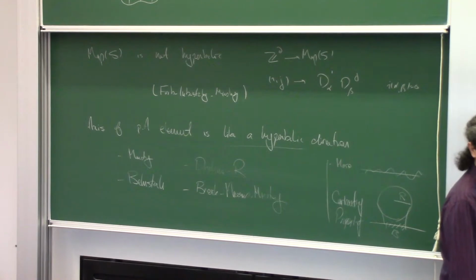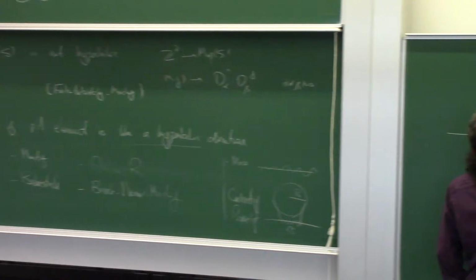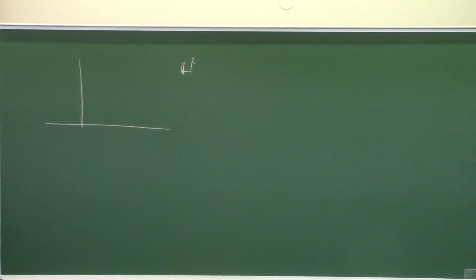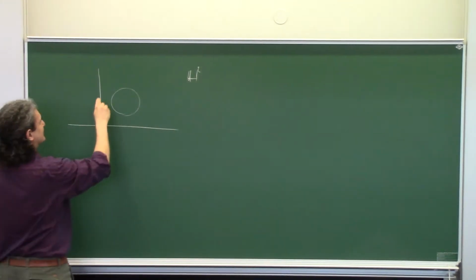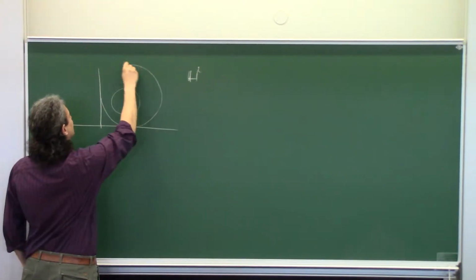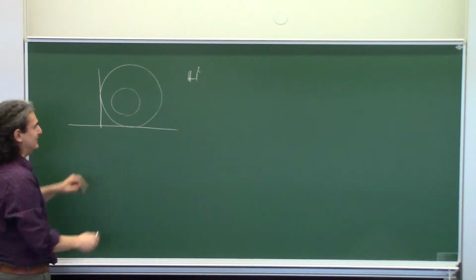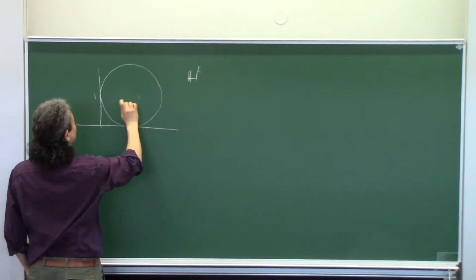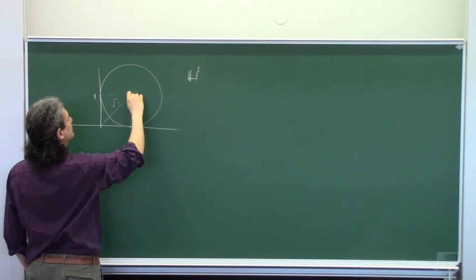So let me prove that for you, because it's very quick. So here is H2. Here is a geodesic in H2. That's the easiest geodesic you can take. So here is a ball that is disjoint from the geodesic. Any ball that is disjoint from it, you can fit inside of a bigger ball, the biggest ball you can have being when you touch the infinity, which is over here. You can make this be 1, then I can ignore the smaller ball. Then this Euclidean length is the square root of 2.